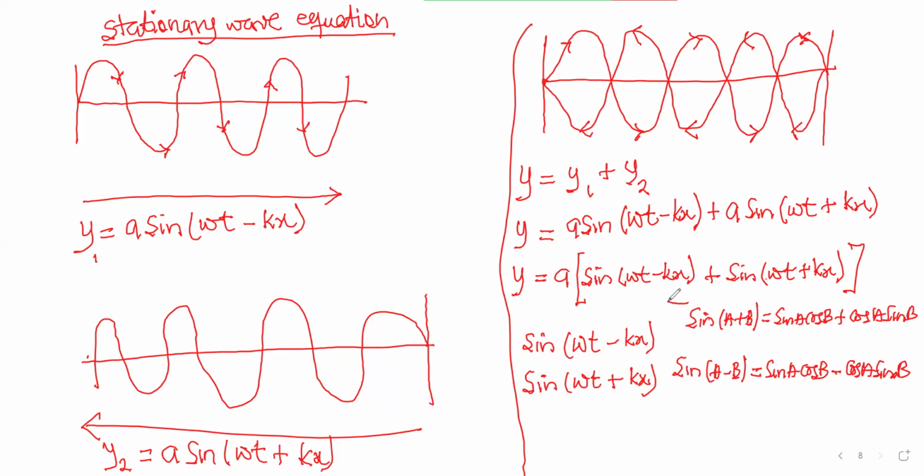This is what you are using to simplify this. So here a is equal to omega t and b is equal to kx.